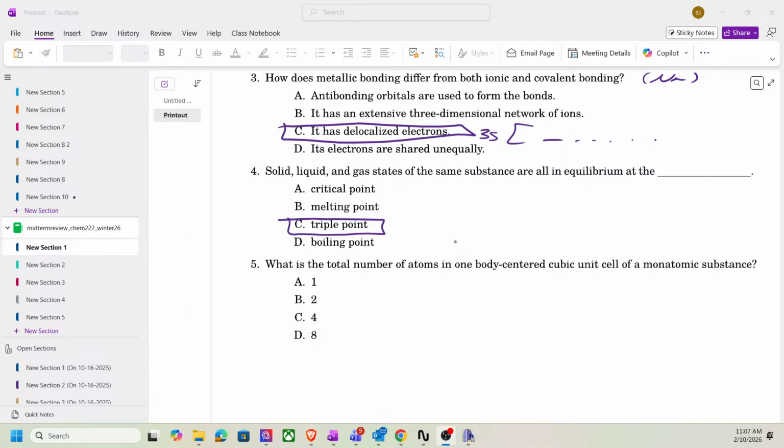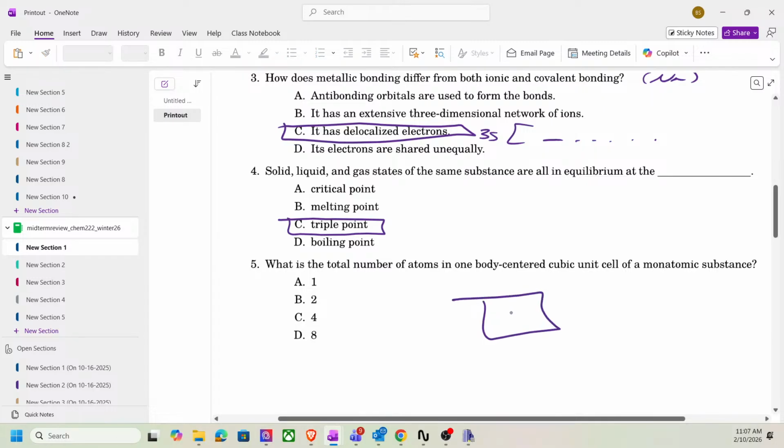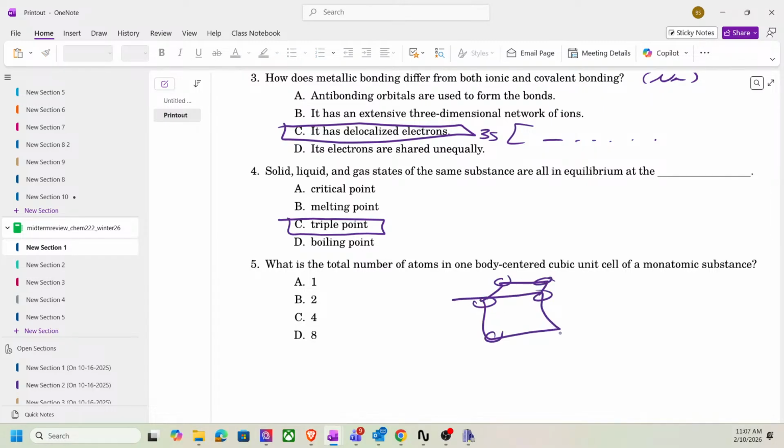Oh, so this is a definition one. How many total atoms in a body-centered cubic? So I hear 1. Do we all agree with that one? Double check that one. The body-centered is kind of like this one.